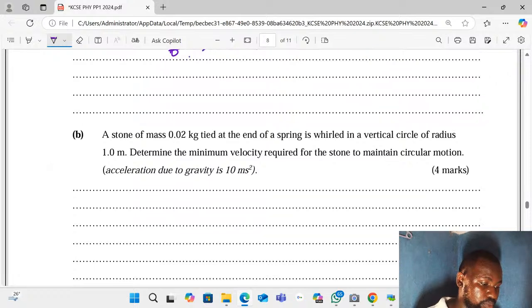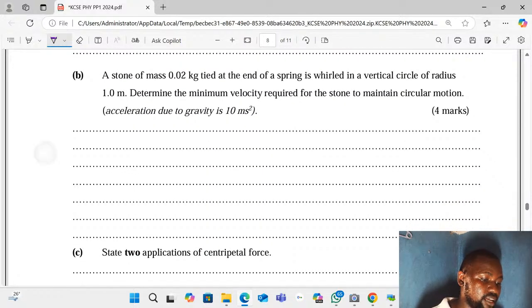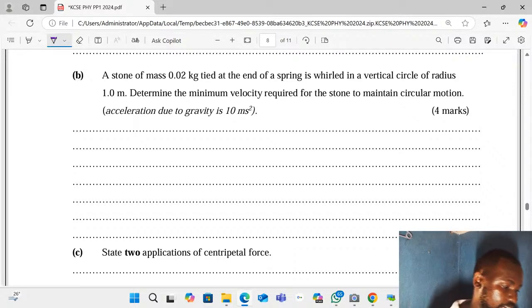A stone of mass 0.2 kg tied at the end of a string is whirled in a vertical circle of radius 1 meter. Determine the minimum velocity required for the stone to maintain a circular motion.